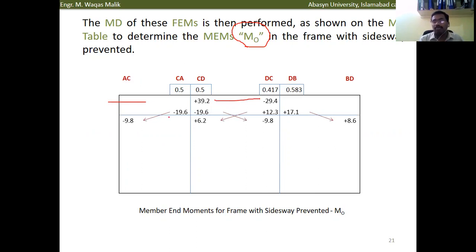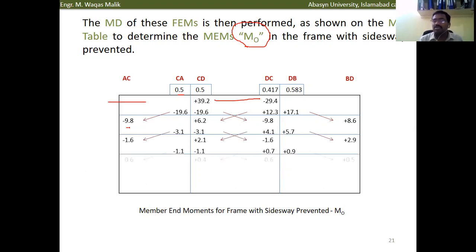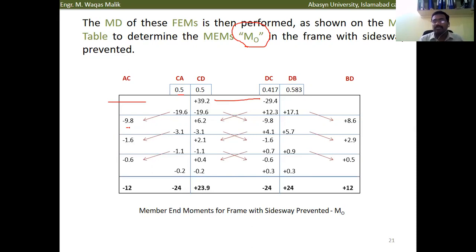Then we find the unbalanced moment, which comes out to be minus 19.6, and this is distributed by multiplying with the distribution factors. Later on, this value is carried over to the far end of the member as well. We repeat these procedures until we find the values of the member end moments M naught for all parts of the frame.